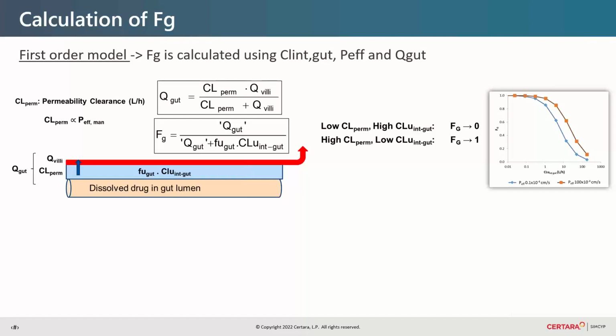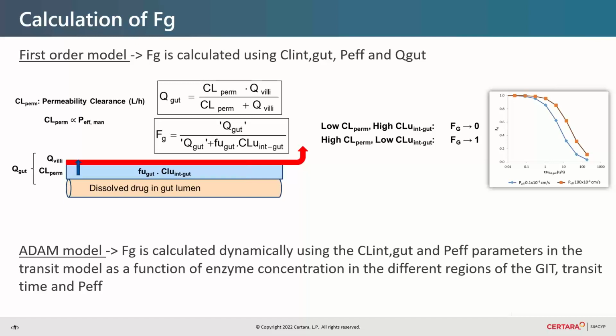We see high FGE, values close to 1, with compounds with high permeability and low unbound intrinsic clearance in the gut. If we have low permeability and high metabolism, then FGE would tend towards 0, and you end up with a lot of metabolism occurring in the intestine. So for the first order model, that's the approach we use.